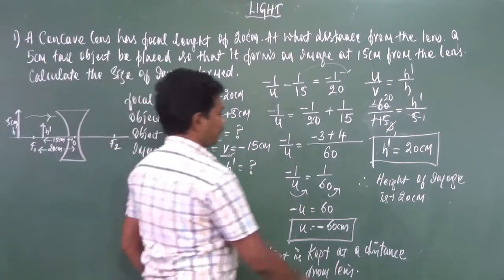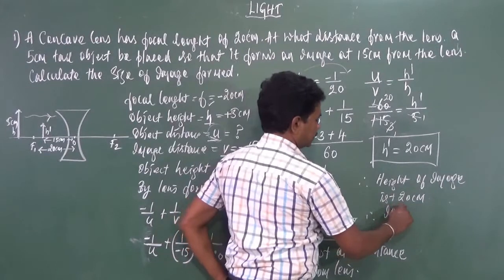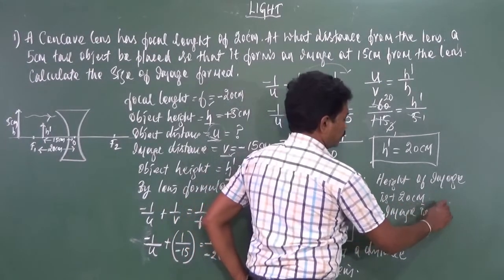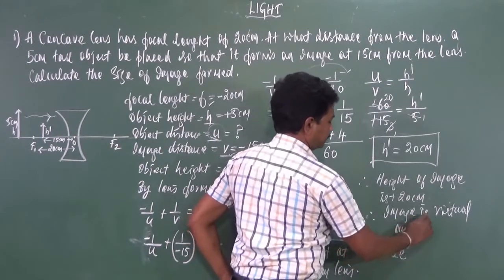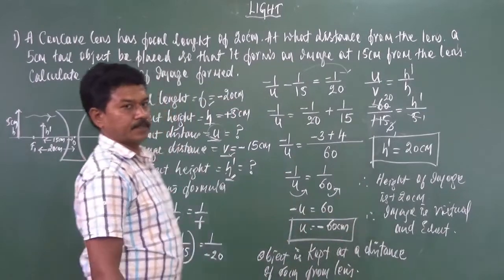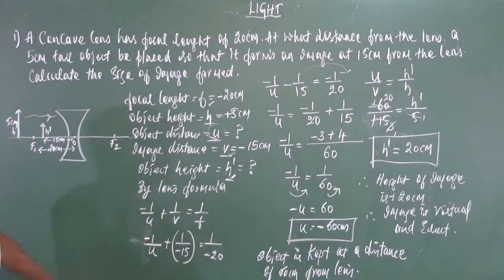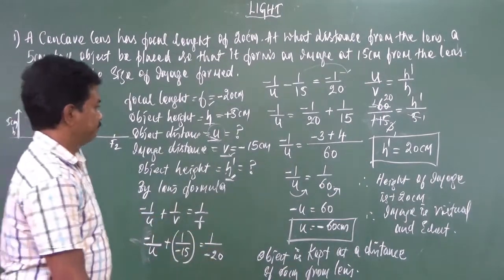Therefore, if the nature of the image is asked, you can write: the image is virtual and erect. Right, so this is the 3-mark question for you. It was asked in the 2011 CBSE final examination paper.